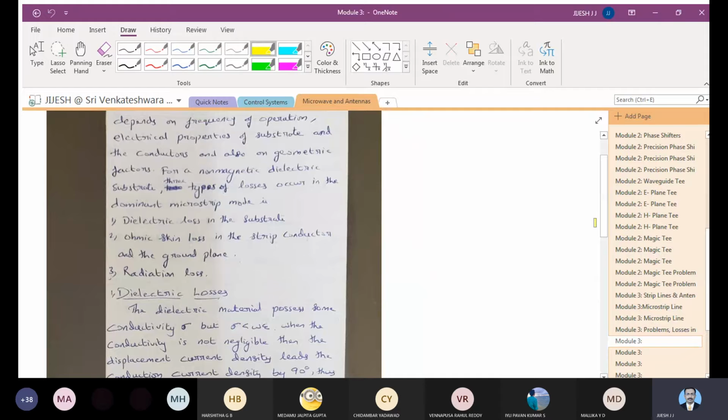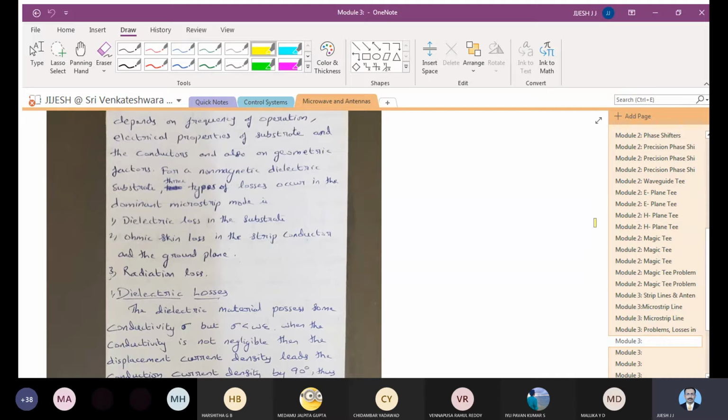Depending on the frequency of operation, the conductors, and also on geometric factors, so it depends on the shape of the conductor and the dielectric substrate. I have told you before about three types of losses. The main thing is that we have to understand the losses.